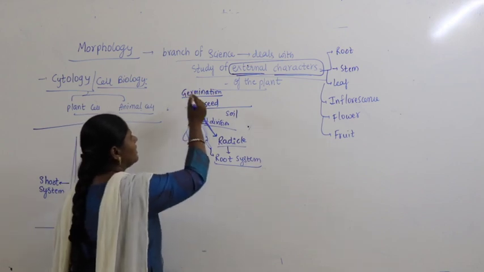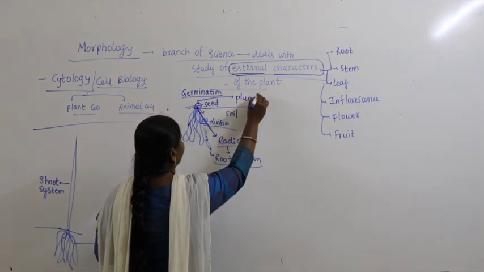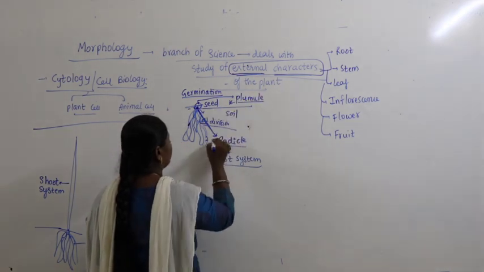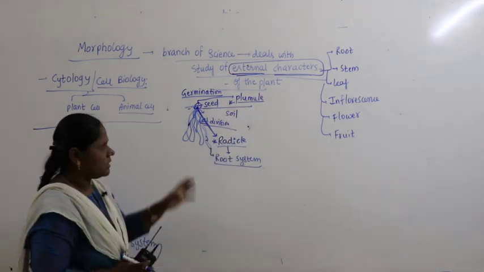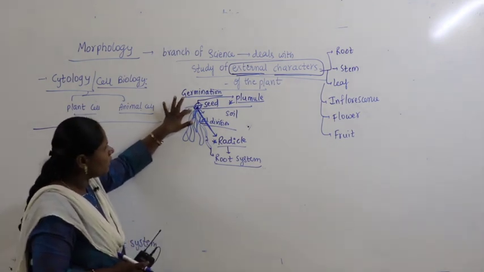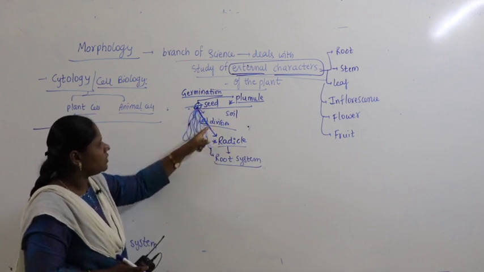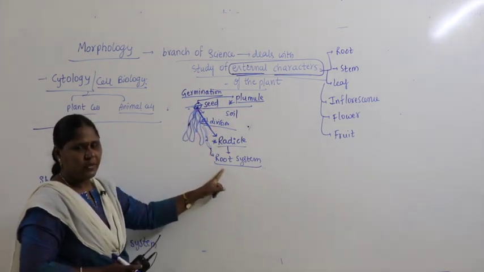Similarly, the upper cell is called the plumule. The down cell which undergoes cell division and leads to formation of the root system is called the radicle.